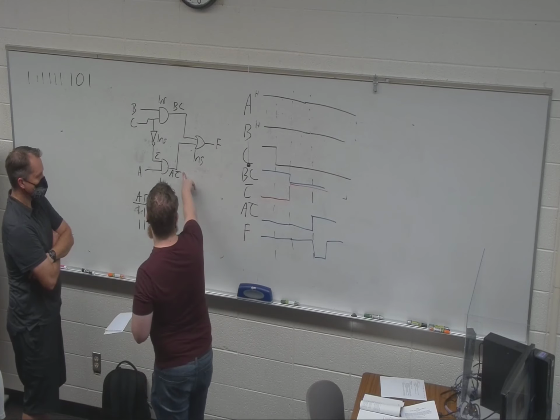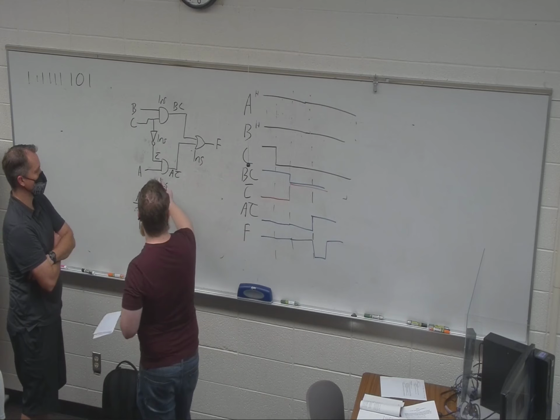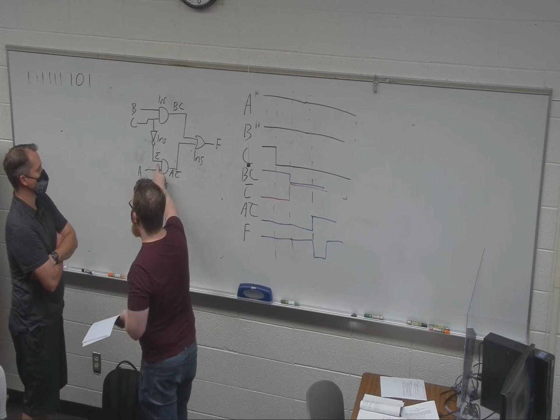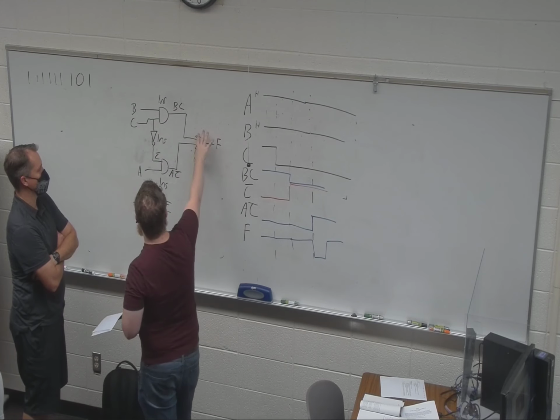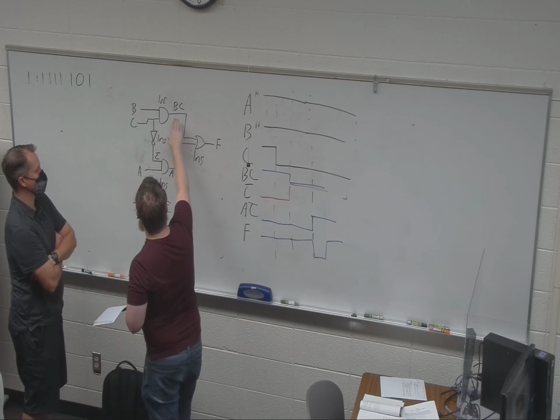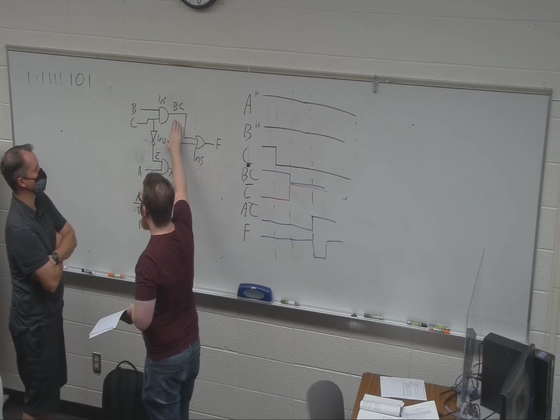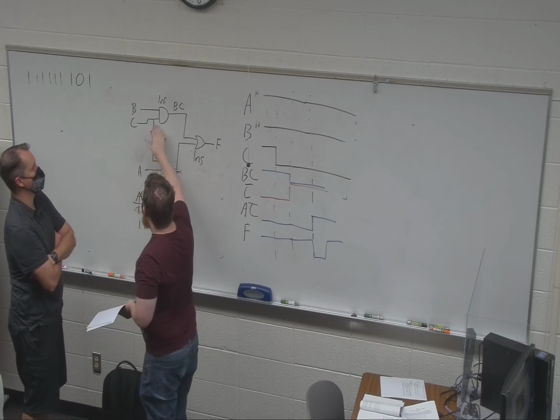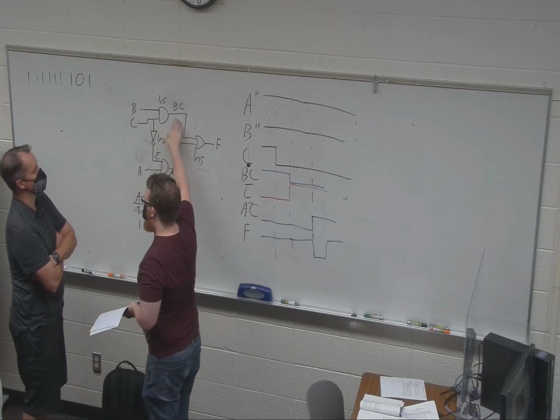Then you're in a situation where you have to wait for that C bar to happen while this is all propagating through, right? So this is 1 initially because you have B and C. After 1 nanosecond, this becomes 0, right?